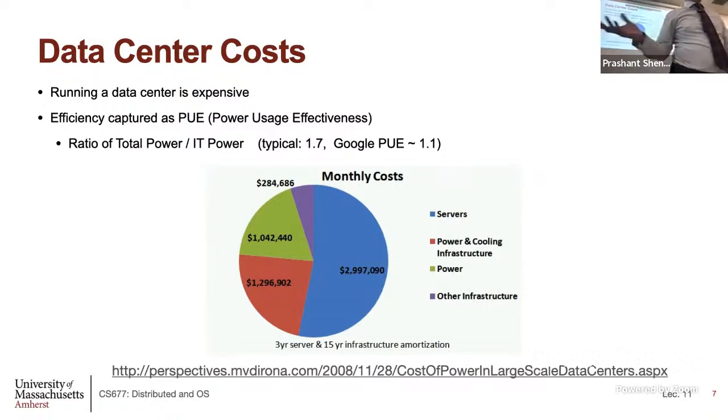Cooling data centers is an expensive proposition, because you have to run air conditioners, and air conditioners consume a lot of electricity. So the PUE is often much greater than 1, closer to 1.8 to 2.